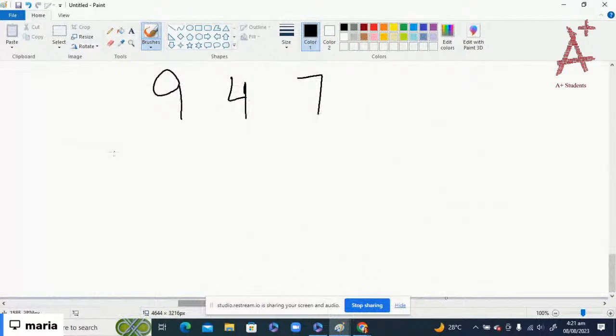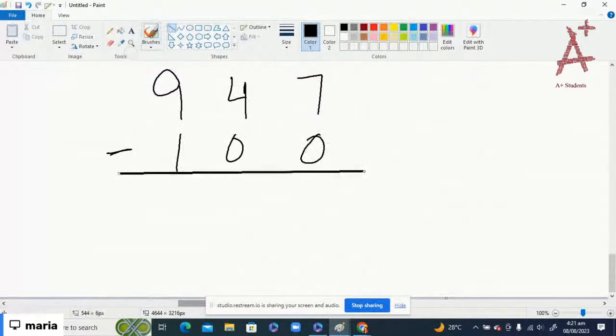947 subtract 100. Okay, 7 minus 0. What's the answer when you subtract 0 from 7? That is 7. Same thing.